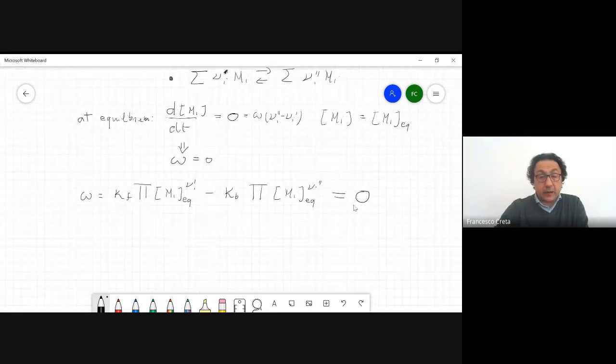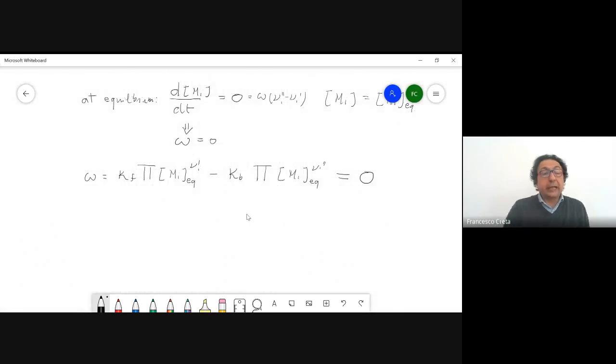So we have now an expression relating the rates and the equilibrium composition. I can write down that the ratio of the rates, if you take this on the other side and divide by the backward rate, is equal to the product at the numerator of the products, elevated to the double prime, divided by essentially the reactants, right?